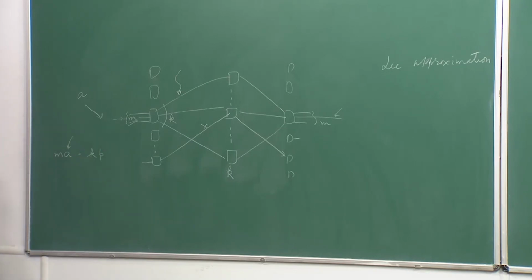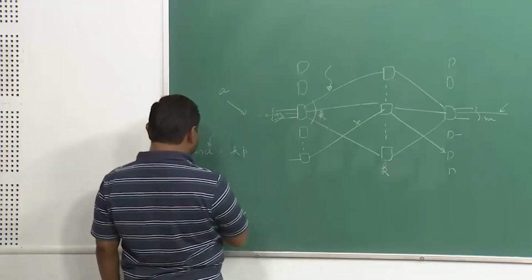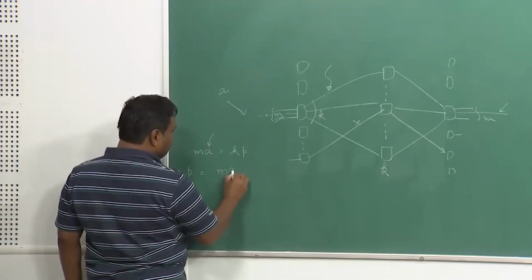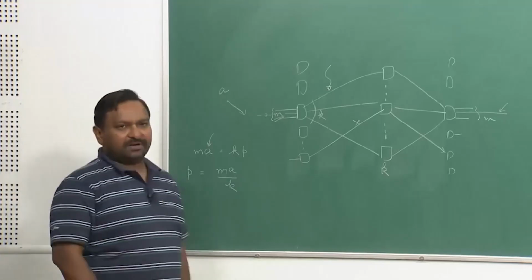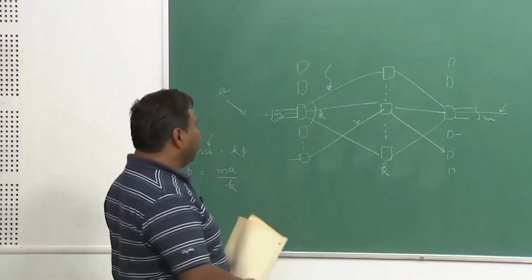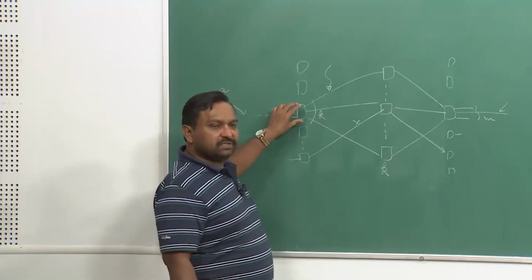let us call it this way. The probability that any one of these links will get occupied is P equals mA by k, and since k is larger than m, this is going to be smaller. I am not assuming that blocking is happening because of this switch.